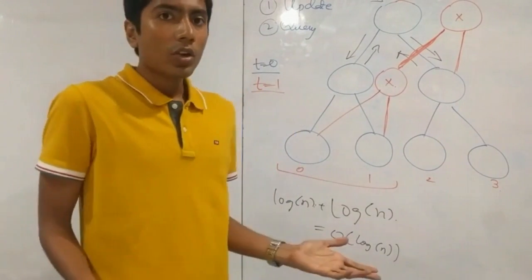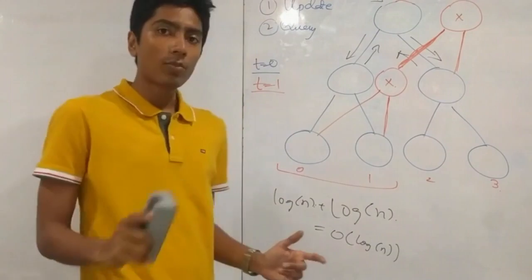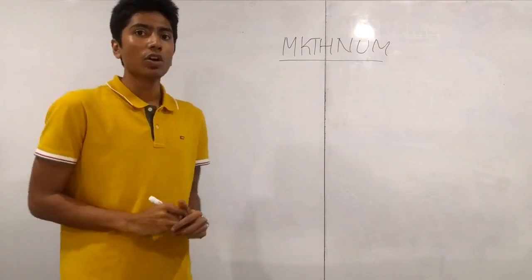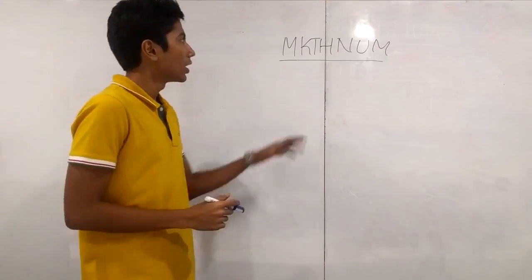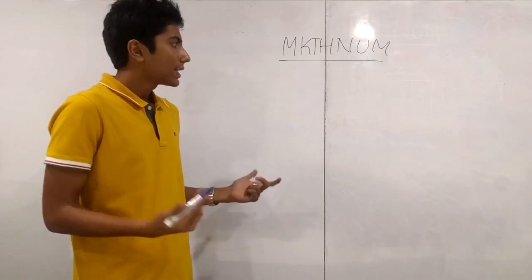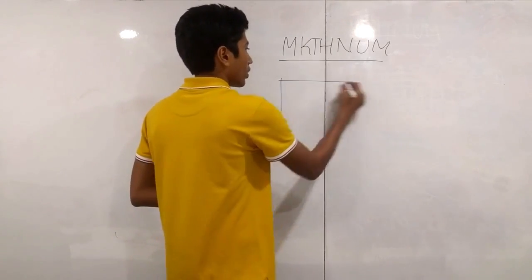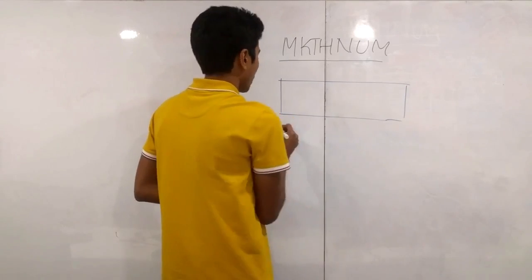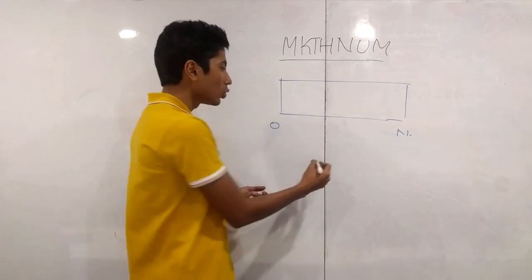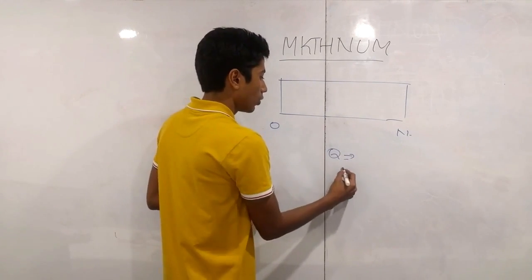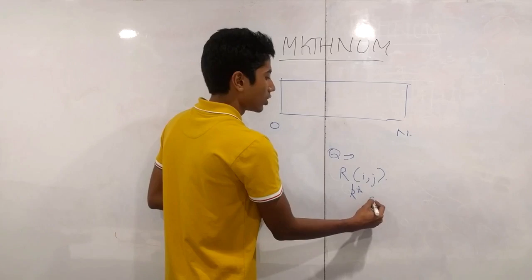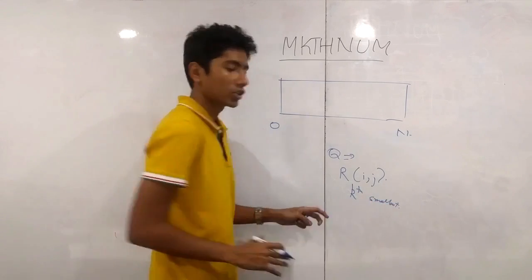Right, so now we know about persistent segment trees. Let's solve a problem on SPOJ. We are going to be solving a problem on persistent segment trees using a SPOJ problem called MKTHNUM. It says that you have this array of size n, and you need to answer Q queries where there's a given range from i to j, and you need to find the kth smallest number in that range.